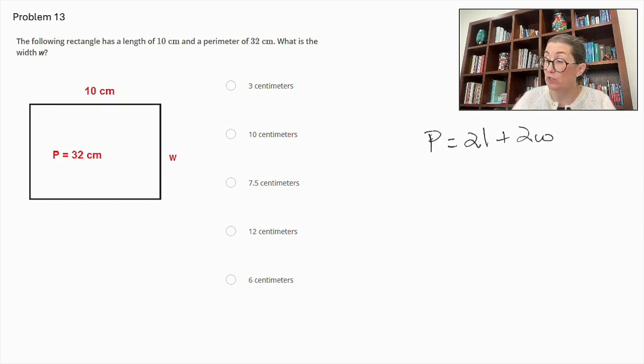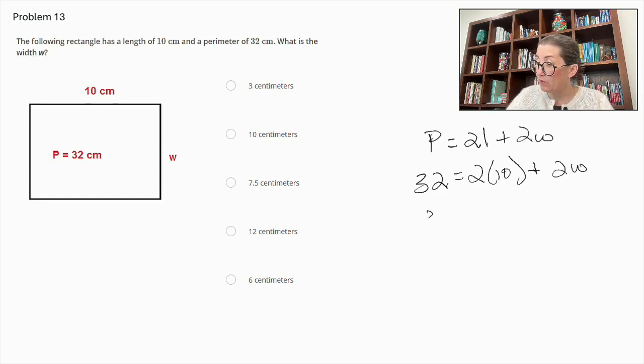In this case, we know the perimeter is 32, and we know the length is 10. So we have 32 equals 2 times 10 plus 2W. 32 equals 20 plus 2W.